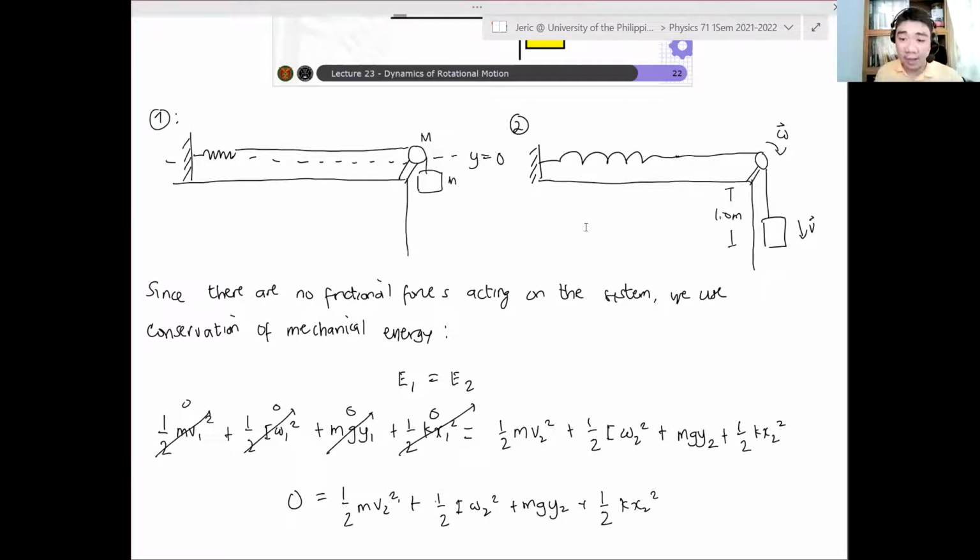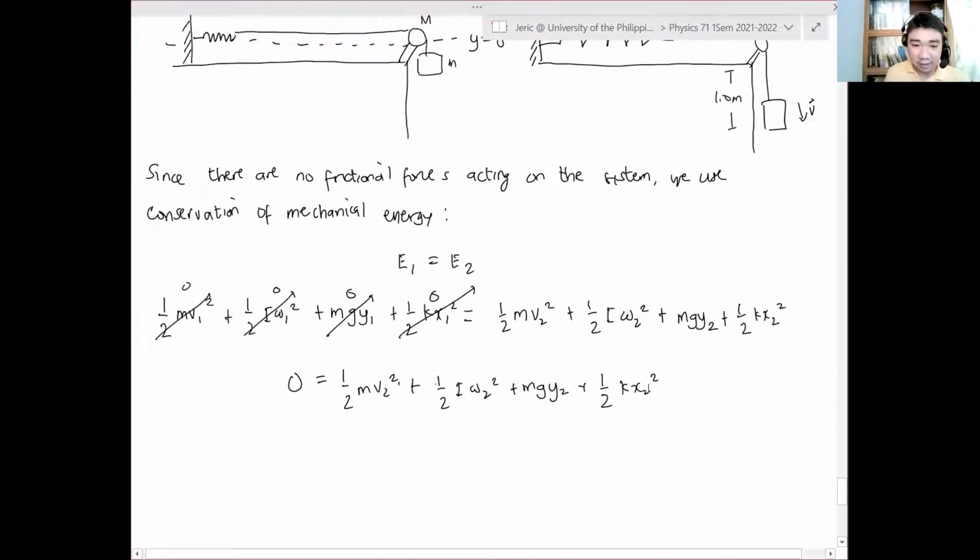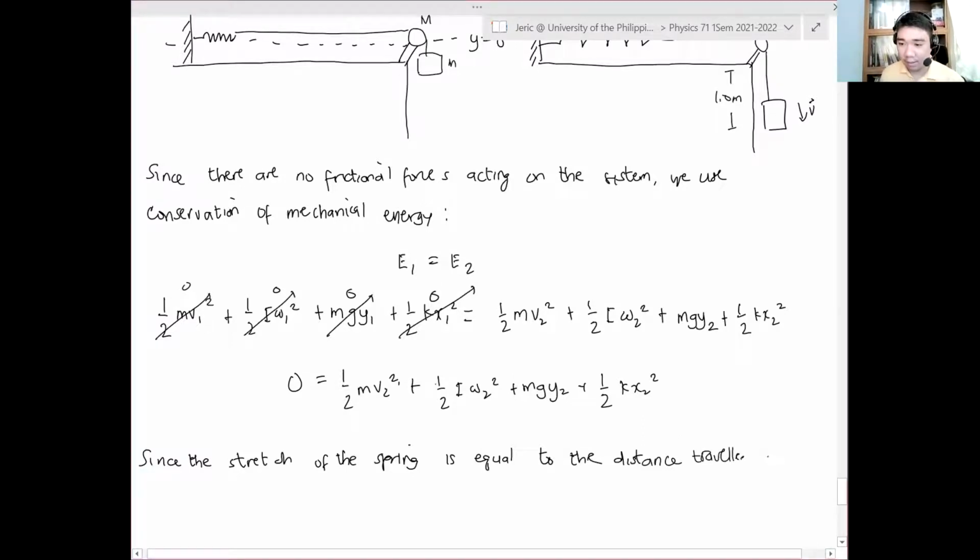So, therefore, since the stretch of the spring is equal to the distance traveled by the box, we see that y2 is equal to x2.